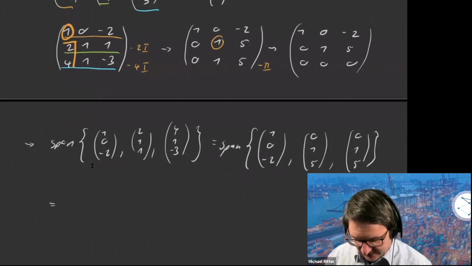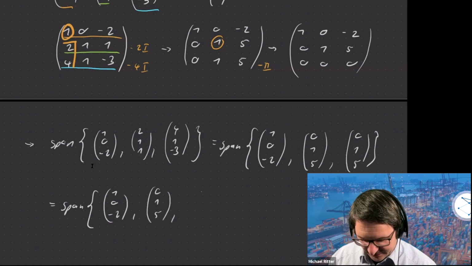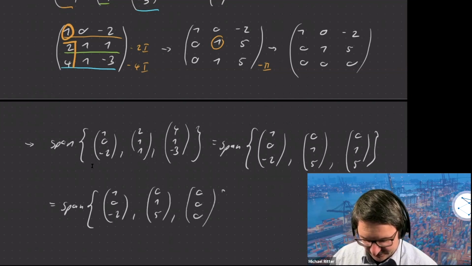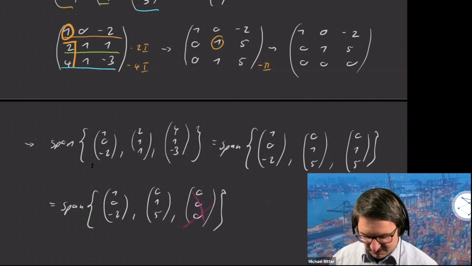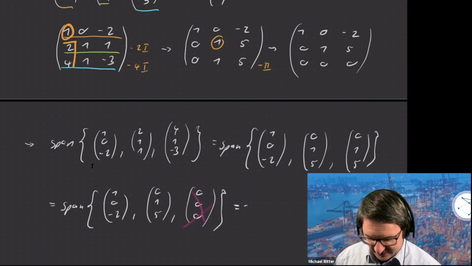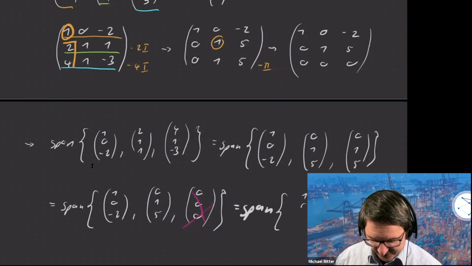So next step, this is the same span as this one here. Just keep the first two vectors, and the last one is now the all zeros vector. And of course, I don't need the all zeros vector for the span, so I could just do away with that. And that is the same span as just the first two vectors.